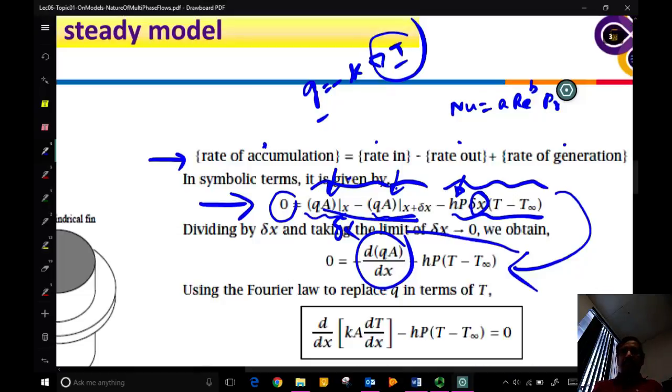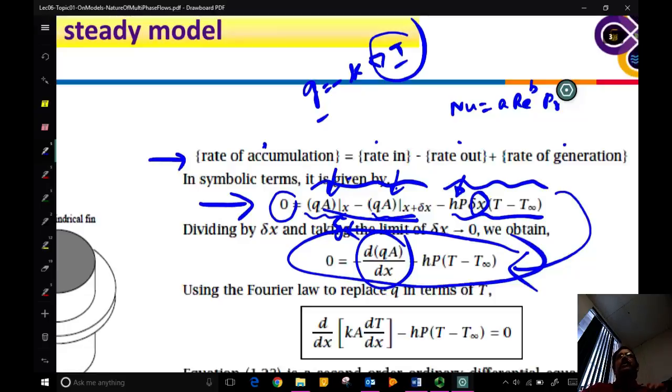Now that's a phenomenological model. This statement is a conservation law for energy, but q equals minus k gradient of T, we call that a phenomenological model in the classification of models that we saw in the very first lecture. Why do we do that? Because not all materials need obey this. Okay, it simply says empirically all the experiments that I have done show that the amount of heat flux is proportional to the gradient, and the proportionality constant we define as k.